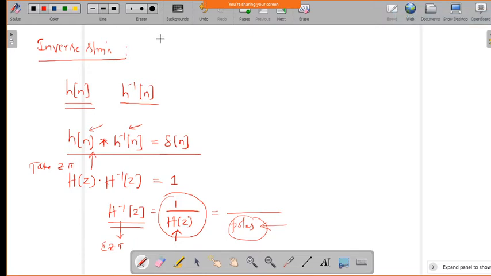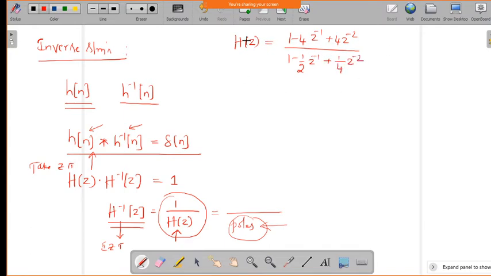Now we have H of z, the transfer function given by 1 minus 4 z inverse plus 4 z power minus 2, divided by 1 minus half z inverse plus 1 by 4 z power minus 2.